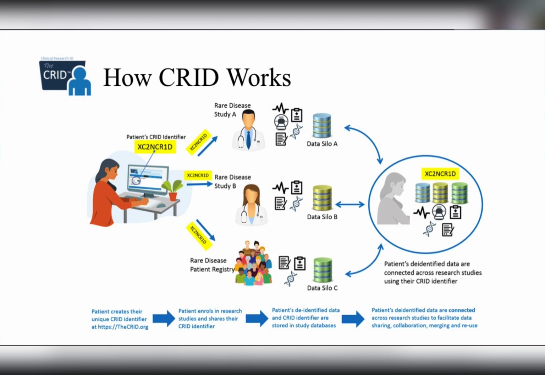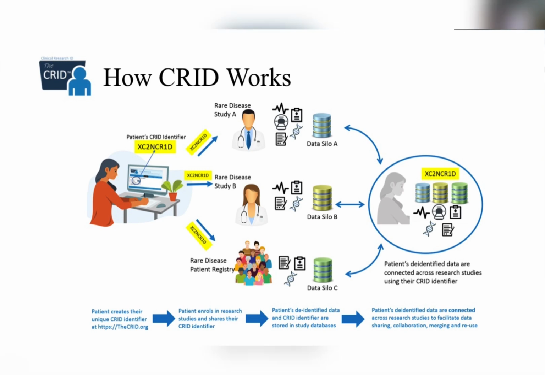Now each researcher's study has a database with an identifier identifying that patient's data. At a point in the future, they're able to merge or share these data sets. They're no longer data silos, because they have an identifier that identifies the same patient across the three different data sources. Up to now, it has not been possible to share these data silos, but with the CRID, this is now possible.